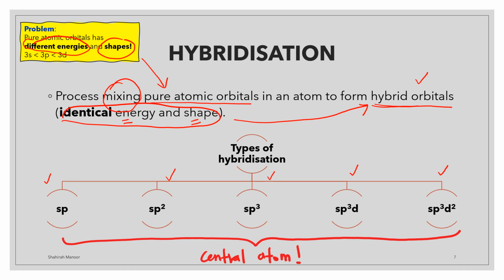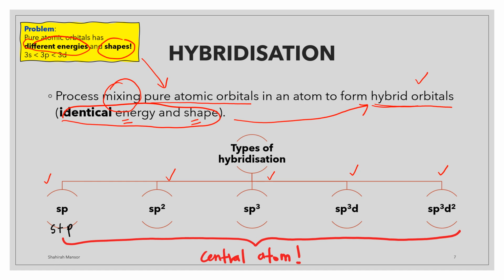Okay, now, bagaimanakah kita akan dapat kesemua hybrid orbital ini? Caranya adalah dengan menggabungkan pure atomic orbital. So untuk sp hybrid orbital, hybrid orbital ini akan terbentuk apabila kita gabungkan dua atomic orbital iaitu s dan p. Okay, so s tambah p, maka kita akan dapat sp hybrid orbital.